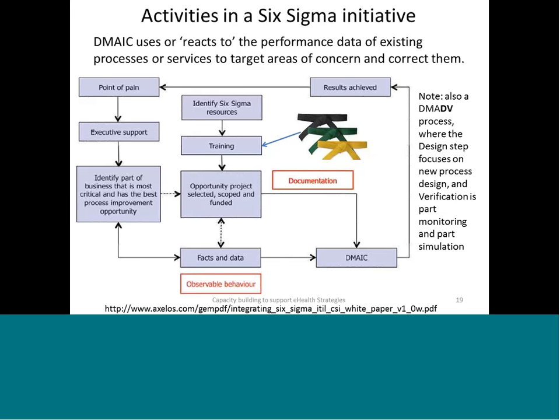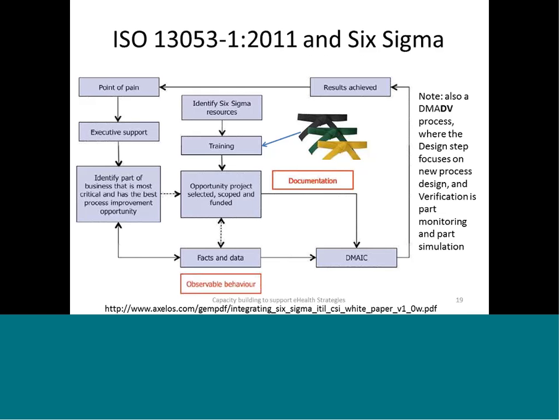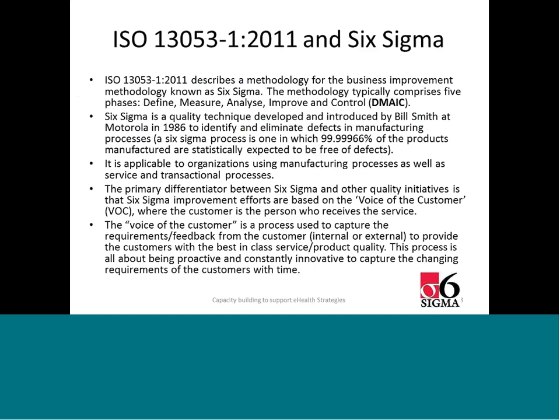If you take some of the observable behaviour that's going on at the bottom, it generates lots of facts and data. And one of the acronyms that Six Sigma came up with, which perhaps I should have stressed more on the previous slide, was DMAIC: define, measure, analyse, improve and control.